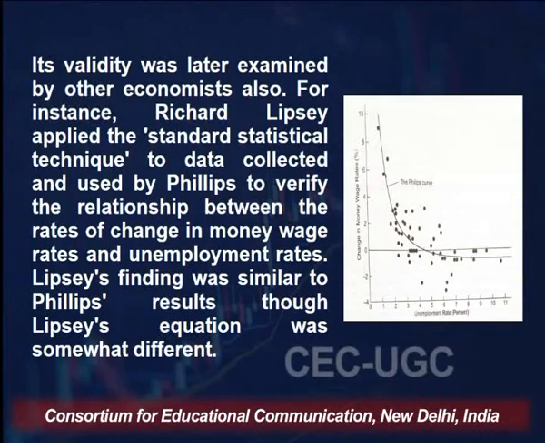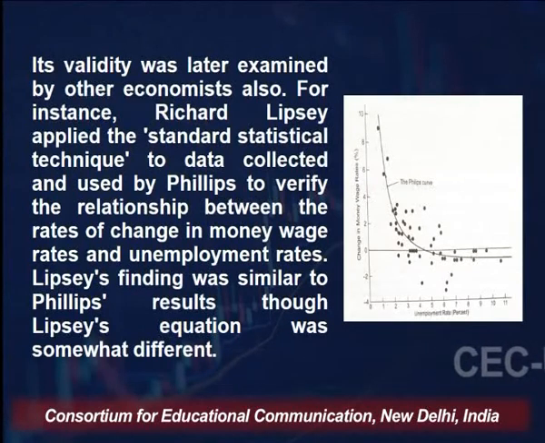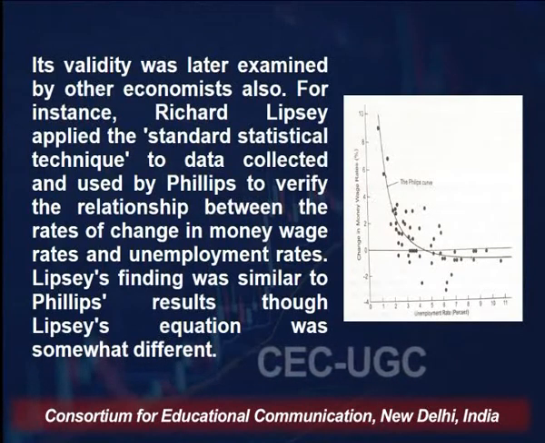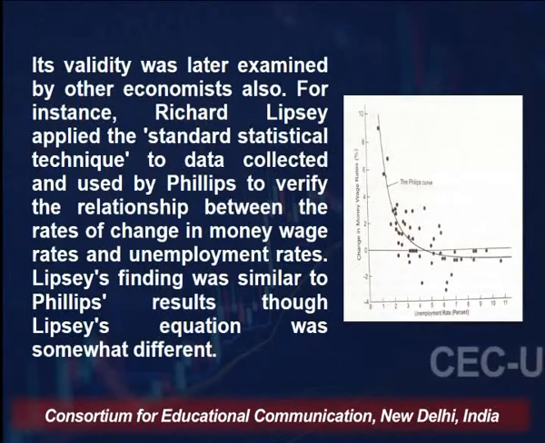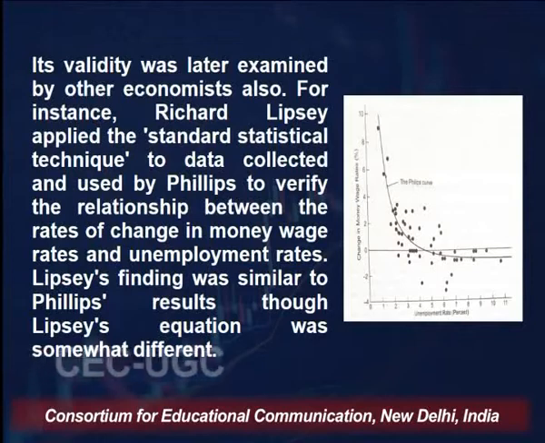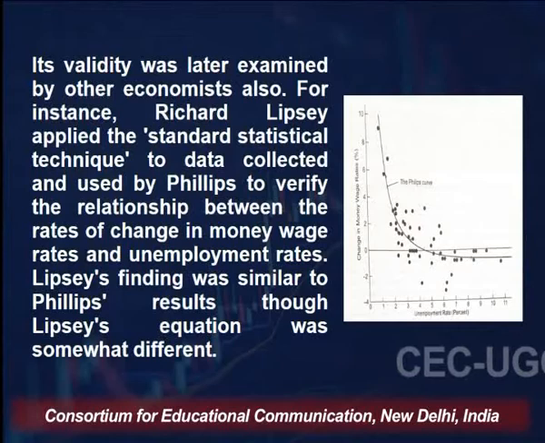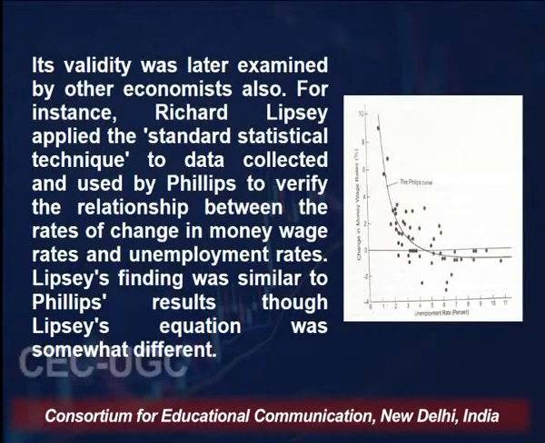For instance, Richard Lipsey applied standard statistical techniques to data collected and used by Phillips to verify the relationship between the rates of change in money wage rate and unemployment rates, and Lipsey's finding was similar to Phillips' result, though Lipsey's equation was somewhat different. So, we can say that it is tried and tested and proved that there was an inverse relationship between inflation rate and unemployment rate.